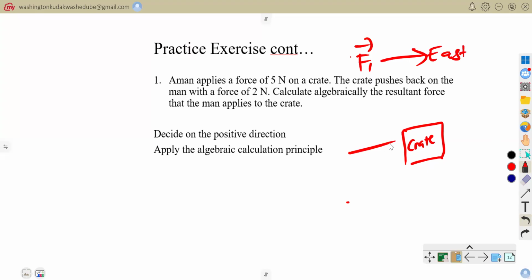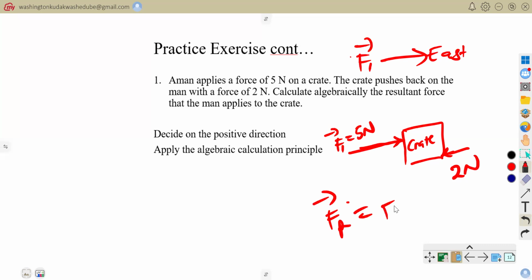So I will represent that first vector to say that I'm pushing this crate with a force of what? With a force of 5 newtons towards the east. And then this crate is also pushing back with a force of what? Of 2 newtons. Now to determine the resultant here, my resultant has to be equal to what?